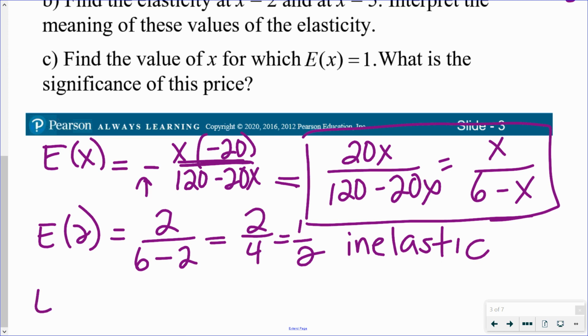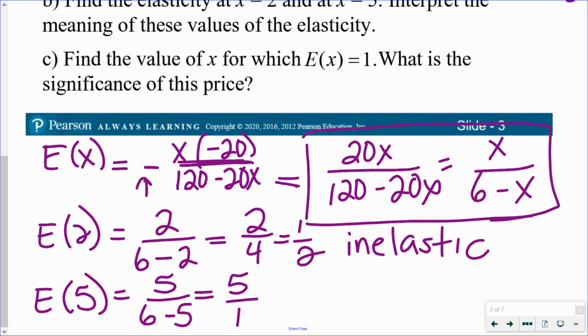Okay, let's try that again at $5 and see what happens. We have 5 over 6 minus 5, which is 5 over 1. So now we are elastic, right? That is definitely a number greater than 1.